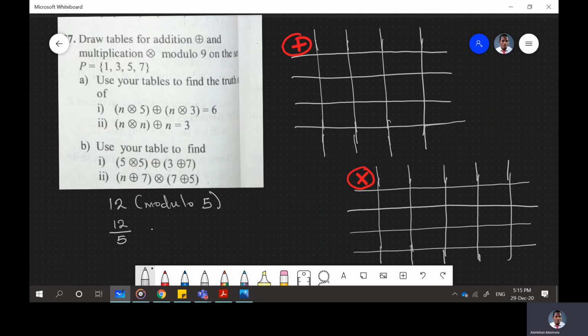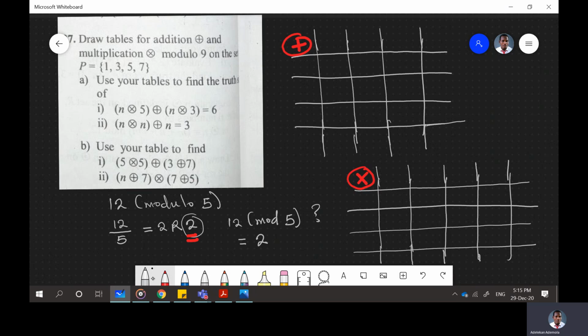When you divide 12 by 5, you get 2 remainder 2. 5 times 2 is 10, and 10 plus the remainder 2 gives you 12. It is this remainder that we're actually interested in under modular arithmetic. So in answer to the question, what is 12 in, I'm going to shorten this now to mod 5, which is the way you would normally shorten it. What is 12 in mod 5? You simply say 12 in mod 5 is 2. Remember, all we care about is the remainder.